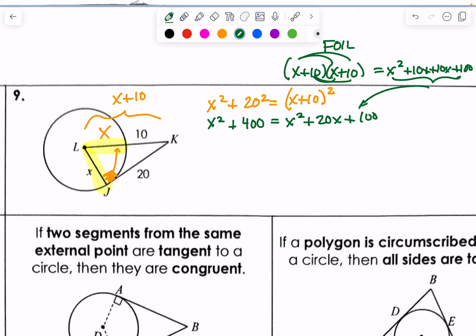This comes down here. So now what? I still have x squareds on both sides. That's weird. We haven't done that for a long time this year. So let's figure out how to adjust that. So the first thing we're going to do is subtract x squared from both sides. I don't like x squareds any more than you do. Oh, look, now they're gone.